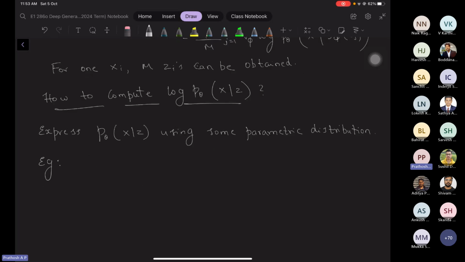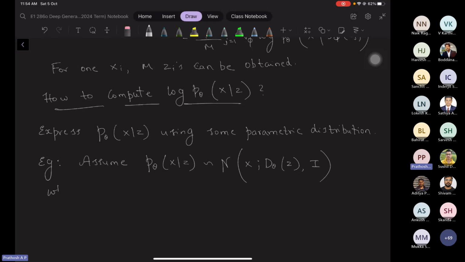For example, assume p theta of x given z to be coming from a Gaussian distribution. The distribution is on x, of course, and you assume the mean to be equal to the output of the decoder, and the variance to be equal to identity. Note that in this case, I am representing the decoder neural network probabilistically.